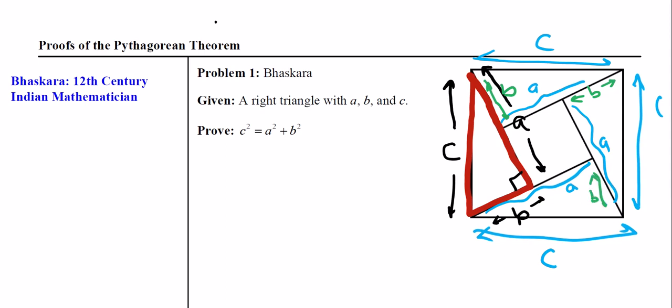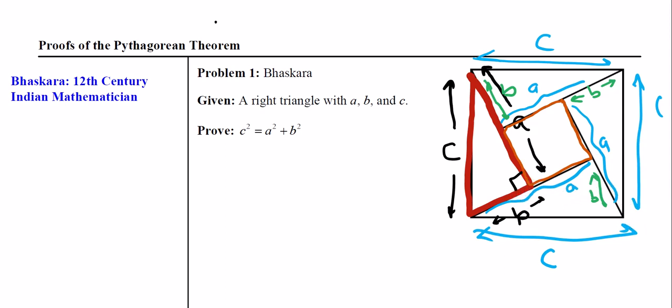Now, one more thing that's interesting and that we need to find is this inside square. How long is one of the sides of this orange square in here? Well, it's not B because that's out here, and it's not A because A goes, for example, from here all the way down to here.